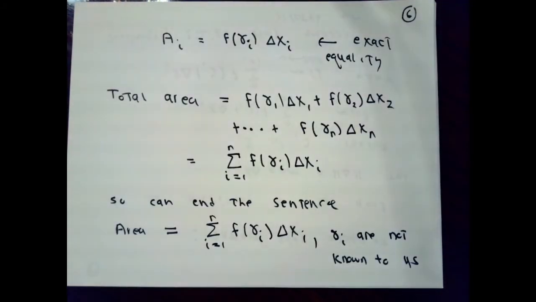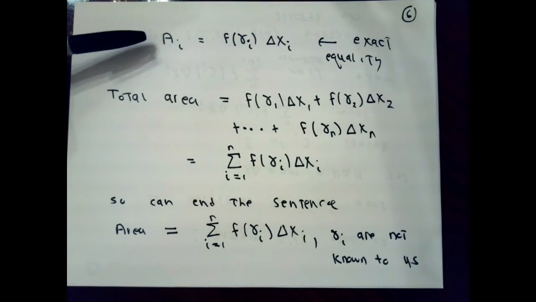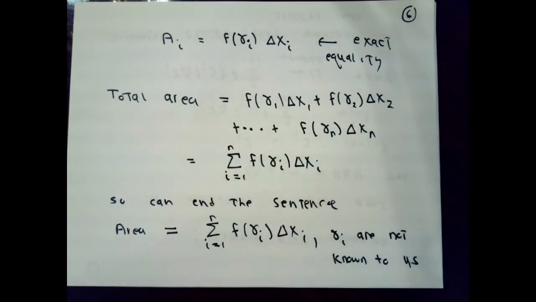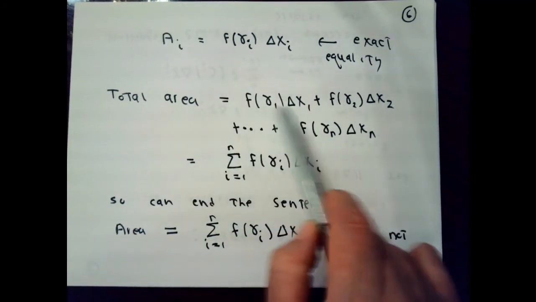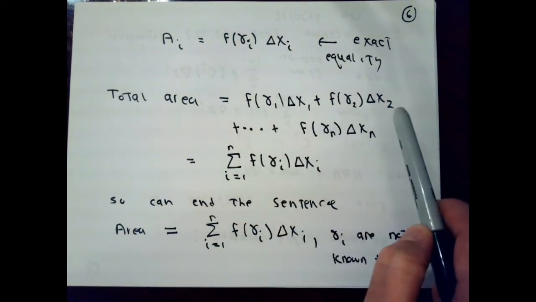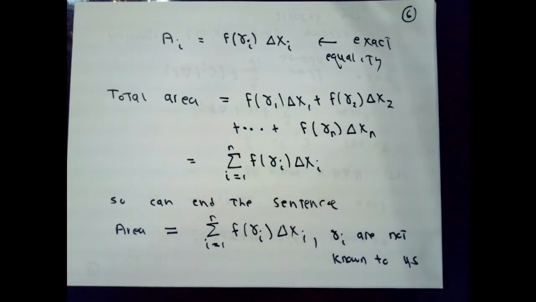Now, I want to emphasize this is an exact mathematical equality, so if I want the total area under the curve, I can just add up all these different contributions. This is the area of subchunk number 1, the area of subchunk number 2, and so on and so forth. So you can end our sentence officially now.